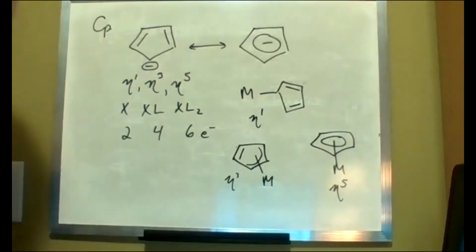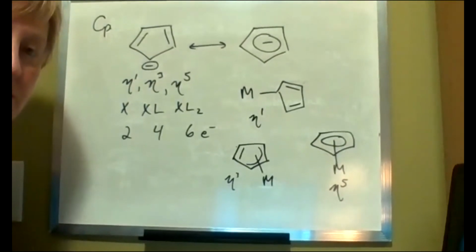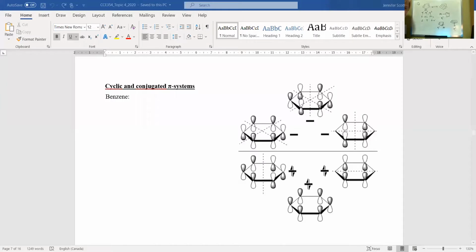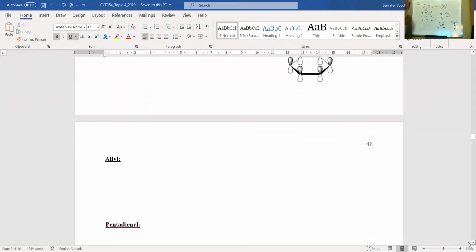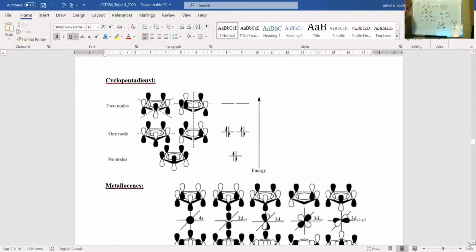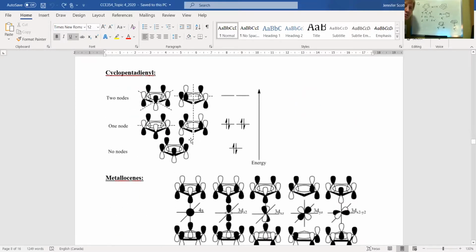Now, looking at, go to screenshot here. Okay. Just going to look at the molecular orbitals of Cp, and really just the delocalized ring is what we're looking at. So here you can see there are 5. So 3 filled, and then there's your antibonding. So you can see which metals might bind, right?